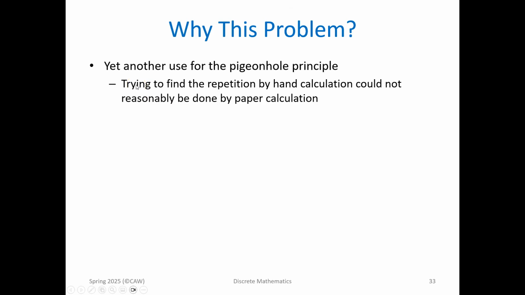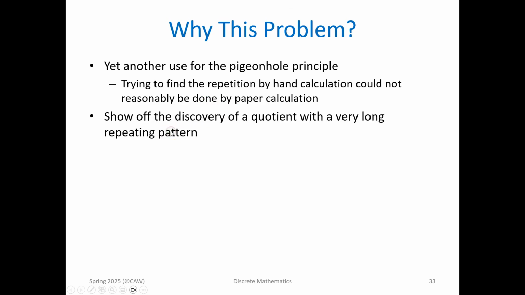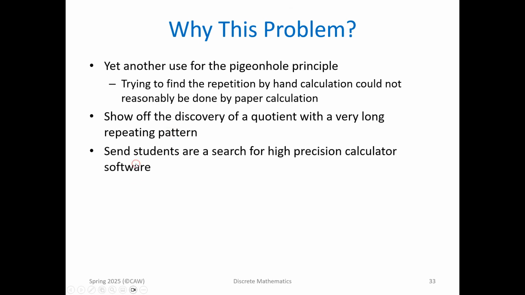Okay, so why this problem? It advertises the pigeonhole principle and shows you where it's good in an abstract problem. If we tried to find this repetition, this maximum by hand calculation, it would be pretty much impossible if we did it by paper. It also shows us the discovery of a quotient with a very long repeating pattern, right?